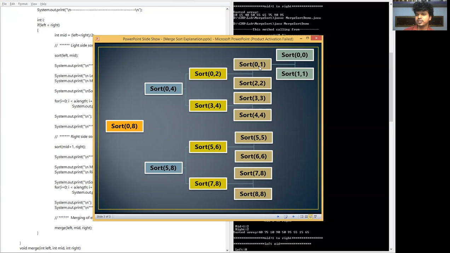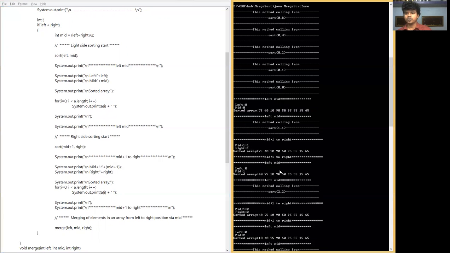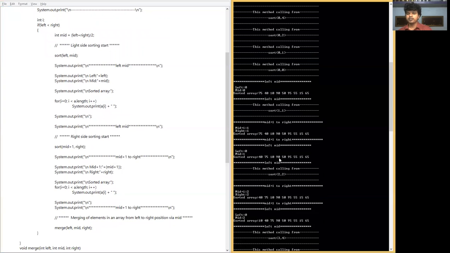So for this 0, 1 we are evaluating only 0, 0. We need to also evaluate 1, 1, because not only the element 75 exists in this calling function, we also have another index 1 where the element 40 exists. That's why we are going to evaluate the element 40 also.